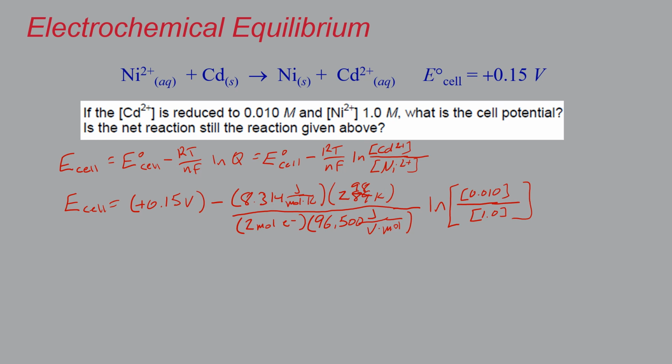And if you work that all the way through, you get a cell potential of positive 0.21 volts, which means that in this case, it's going in the same direction, but actually has a higher voltage. And this is, again, pretty much the example of a non-standard cell potential. Now, let's take this one step further.